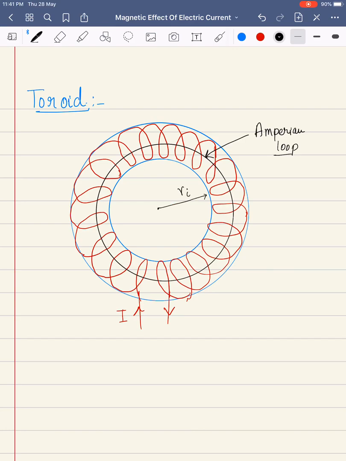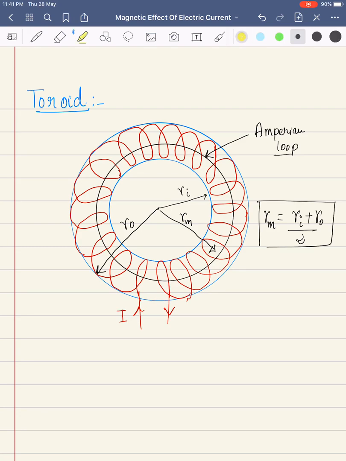One is the inner radius and the second one is the outer radius. The radius of the Amperian loop is Rm, the mean radius, equal to inner radius plus outer radius divided by 2. That is your mean radius. Along the mean radius, we need to calculate the magnetic field along the axis of a toroid.